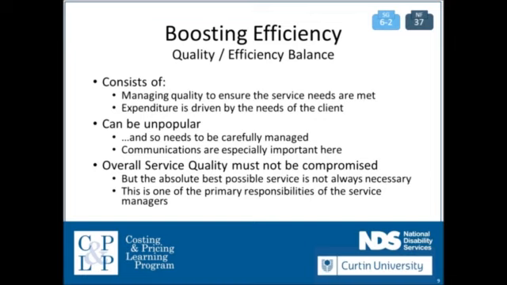Of course, the other element and the final element I want to talk to today is that of efficiency. And there's no doubt in the broader disability services sector, indeed in broader human services and across most services in the public sphere in Australia, efficiency is a word that is often used because there is an increasing cost for service delivery and we need to really address that.